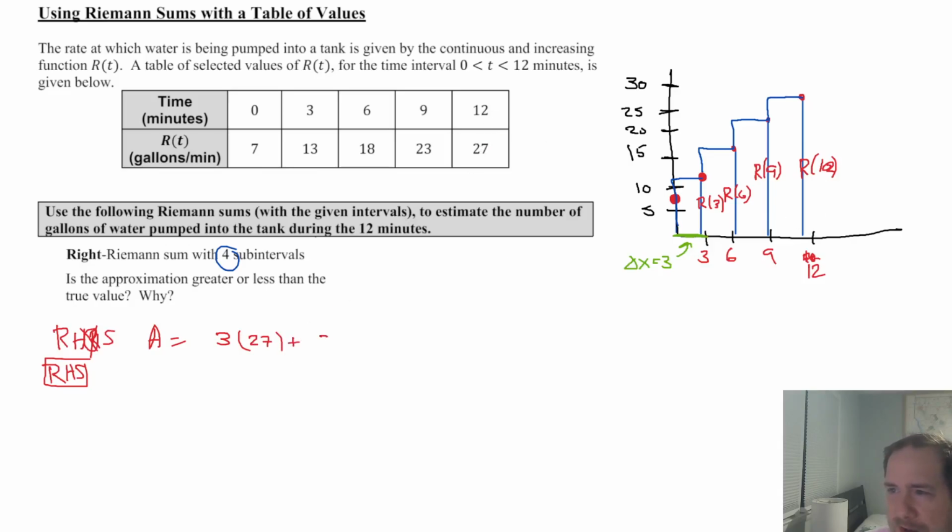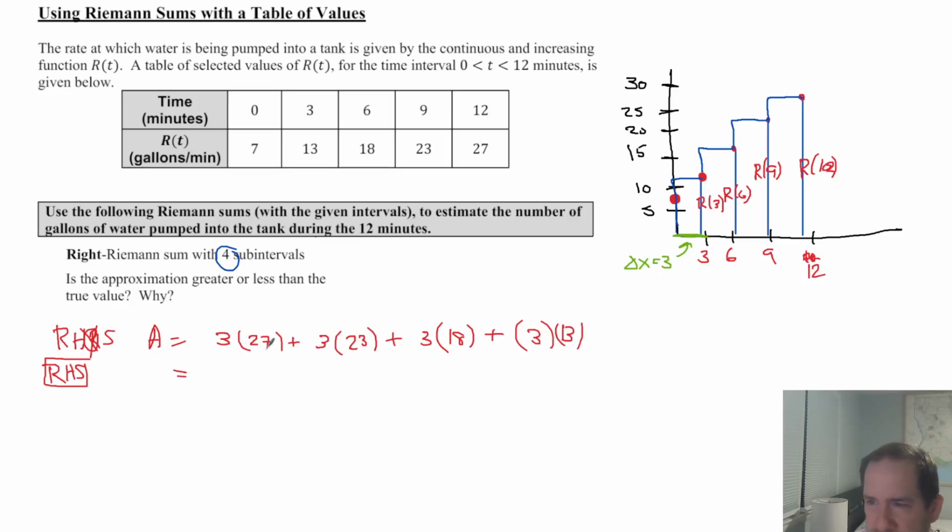Then you'll add to that 3, because that's still the base of our rectangle. The height of our rectangle is now given by r of 9, so that's 23. Then this third rectangle in from the right has a height that's equal to r of 6, so that's 18. And then finally, this first guy has a base of 3 and a height of r of 3, which is 13.